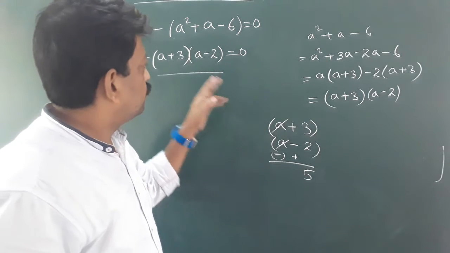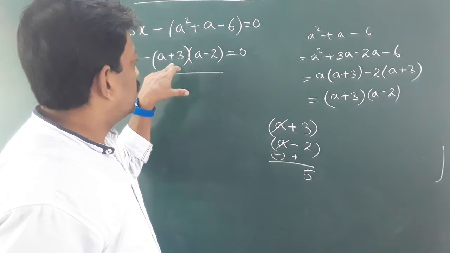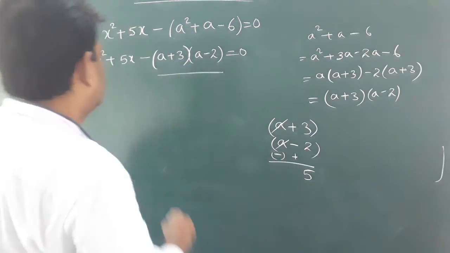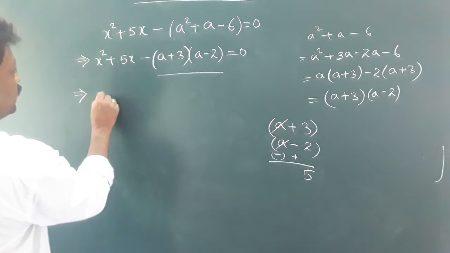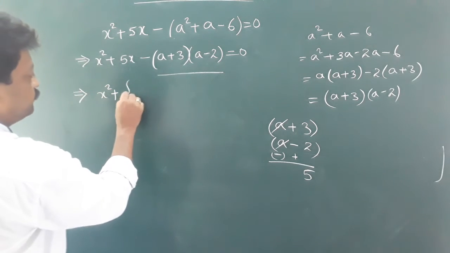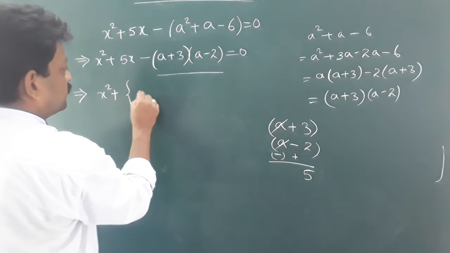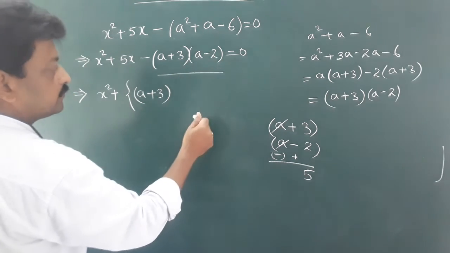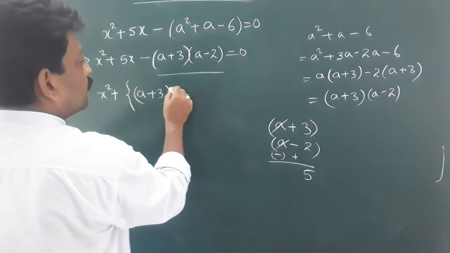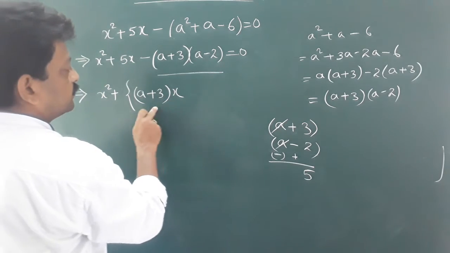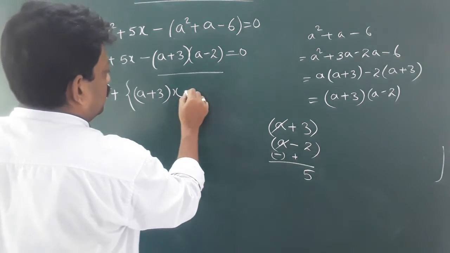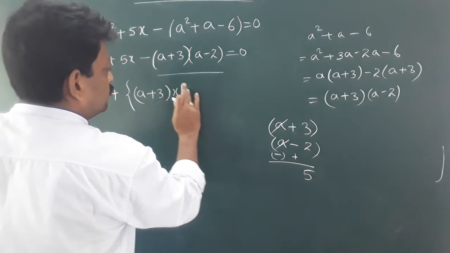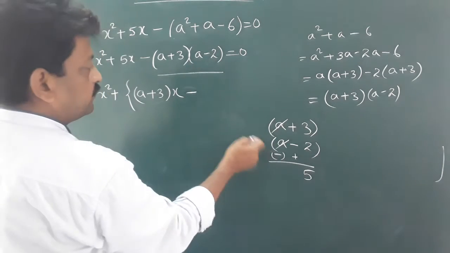So here what we have to do? We have to subtract a minus 2 from the first, that is first minus second. So here x square plus the first factor is a plus 3 multiplied with x, minus the second factor as we have done here.